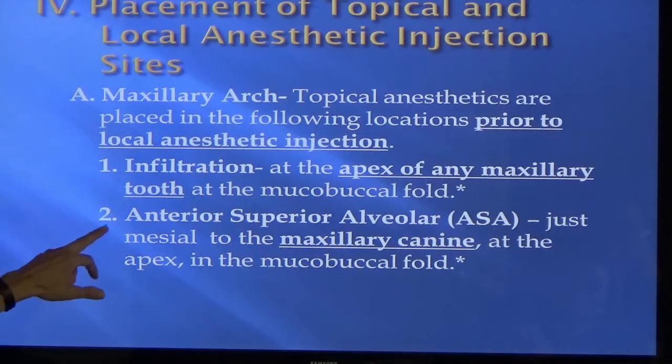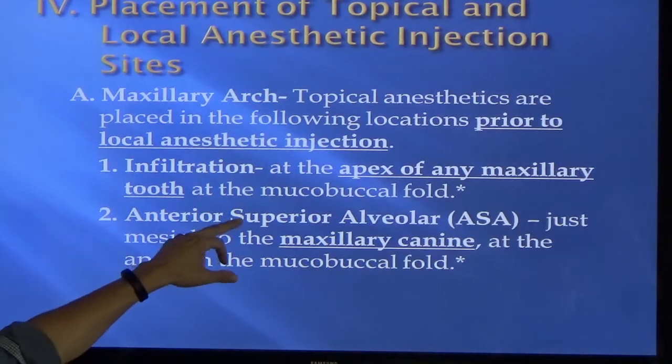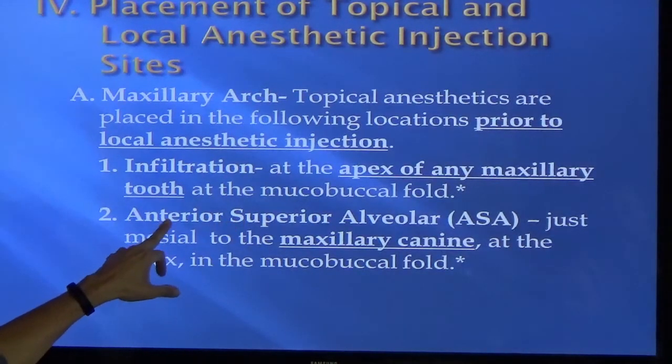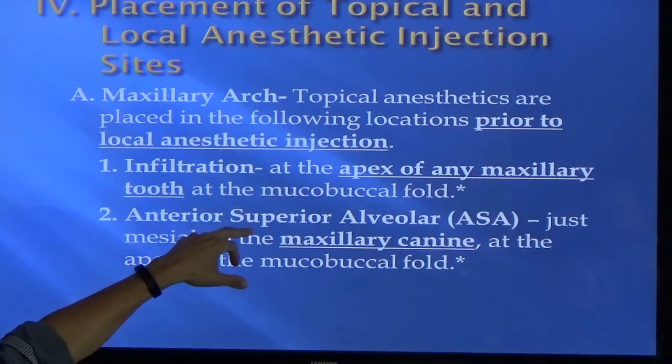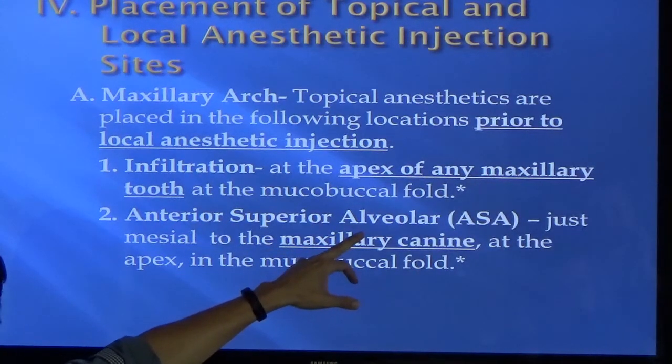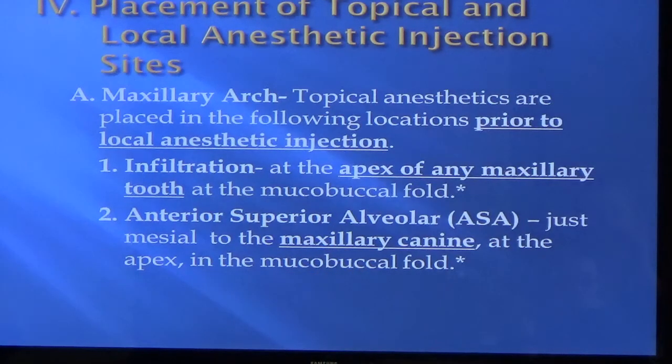So the anterior, superior meaning top, meaning your maxilla, so anterior front, superior meaning maxilla, alveolar means what? Bone. Okay, so anterior superior alveolar, just mesial to the maxillary canine, at the apex of the mucobuccal fold.